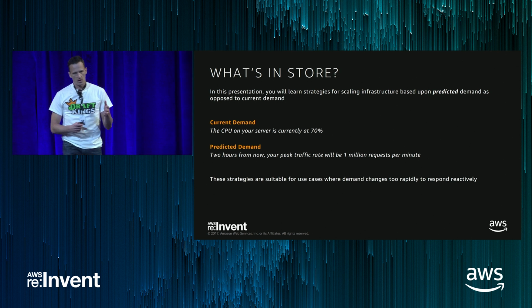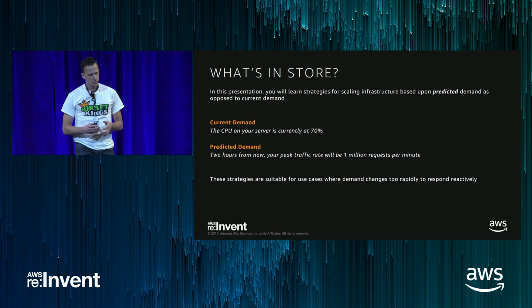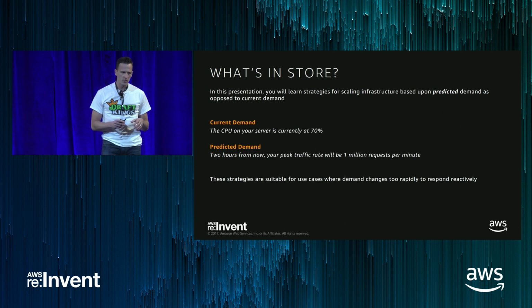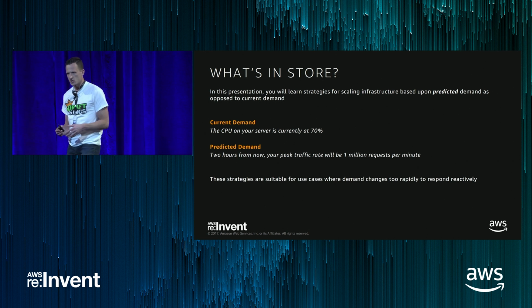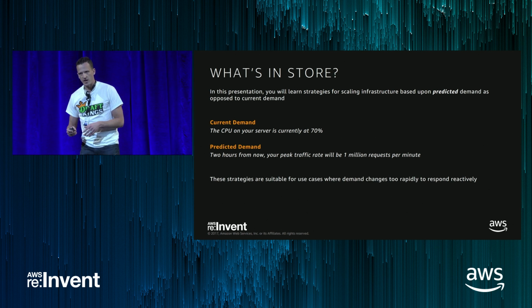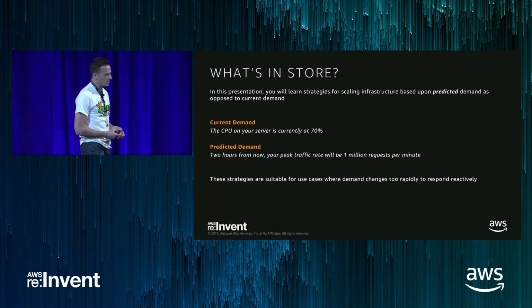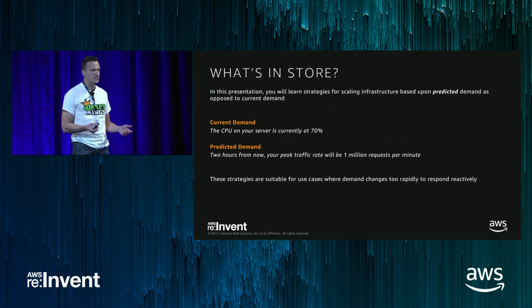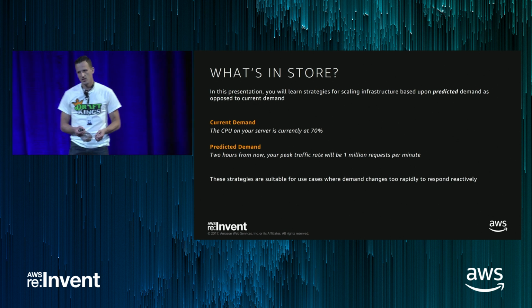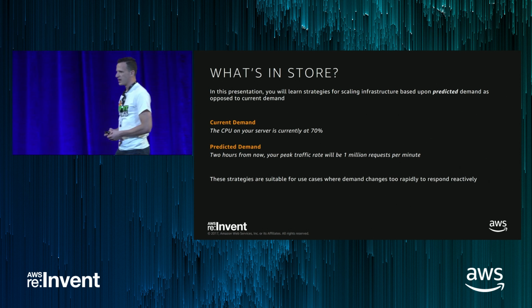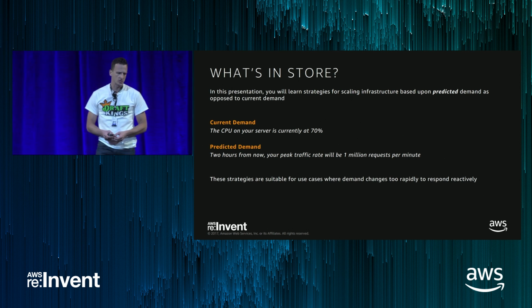A lot of scaling patterns revolve around the strategy of scaling based upon what's coming into your server farm at a particular point in time. So this is on-demand scaling based upon current usage. You can scale things based upon CPU utilization, for instance. And this is built into capabilities right out of the box.